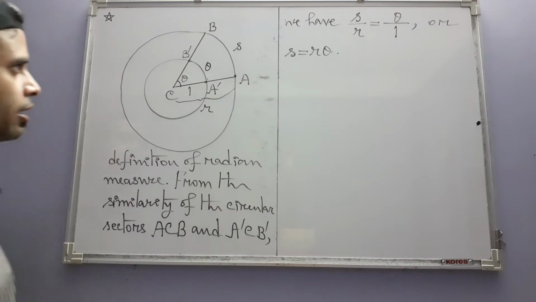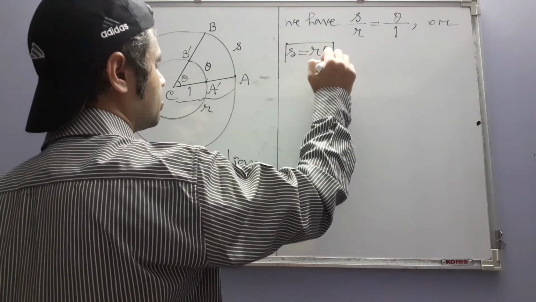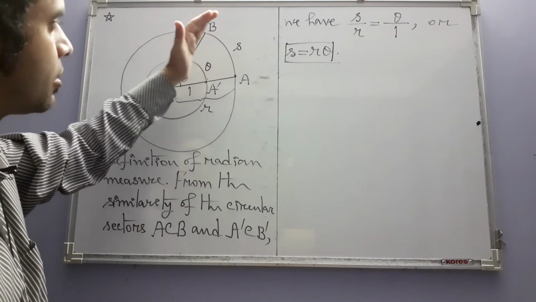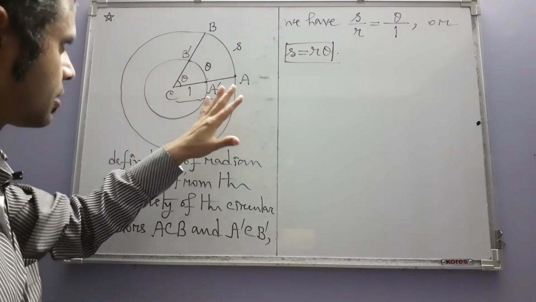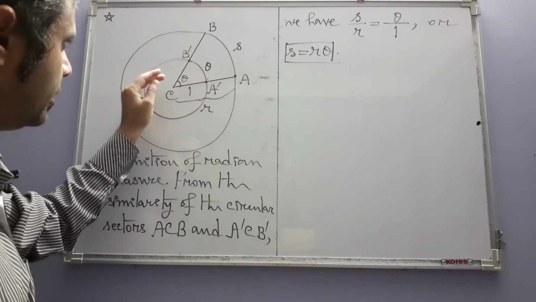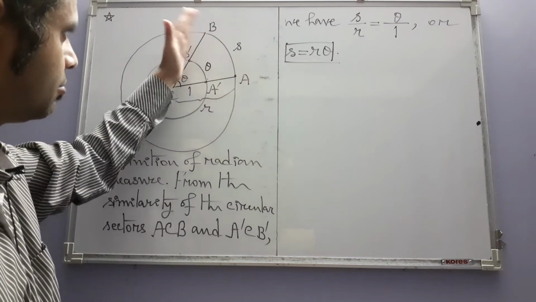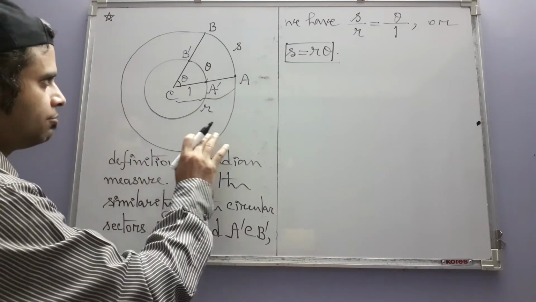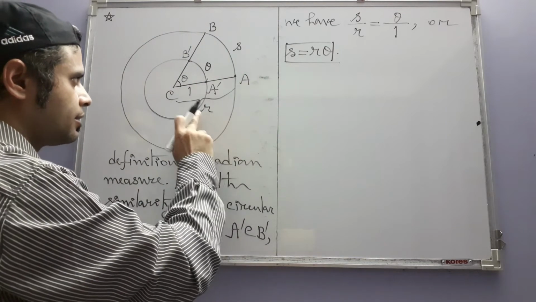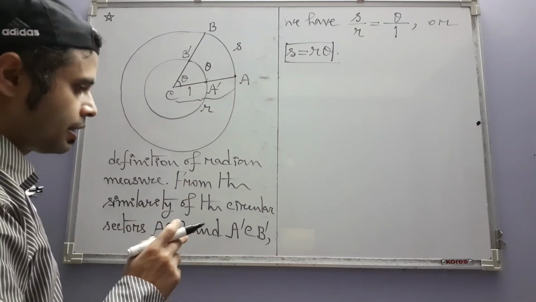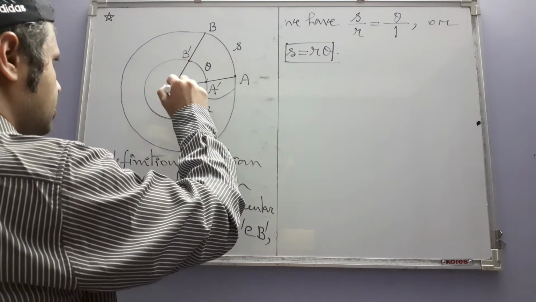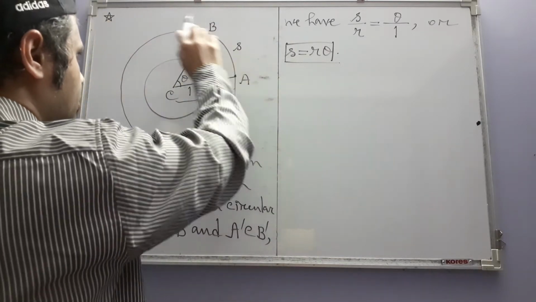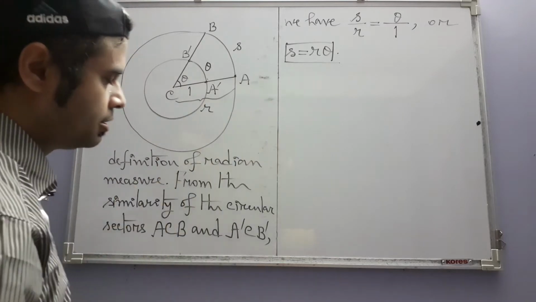This is a relationship between the length of this circular arc, the radius R of the circle, and the radian measure theta of the angle subtended by this circular arc at the center of the circle. You should understand that here, the way we have drawn this diagram, our r is greater than 1, but r can be less than 1 also. In that case, the unit circle that you draw will lie outside, with the given circle in its interior.